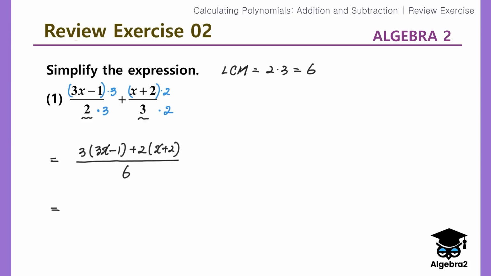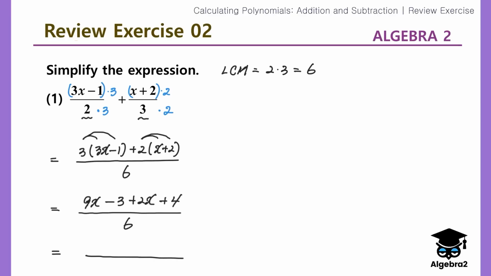So let's simplify the numerator. 3 times 3x, 9x. 3 times negative 1, minus 3. 2 times x, plus 2x. 2 times 2, that's plus 4. And denominator is 6.